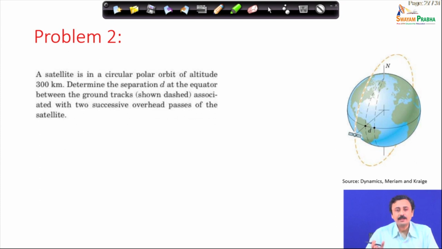When it comes back again, the earth has rotated, and therefore, the point which is directly underneath the satellite at that point has shifted, a new point has come. We have to find out the distance between these 2 points, associated with 2 successive overhead passes of the satellite.